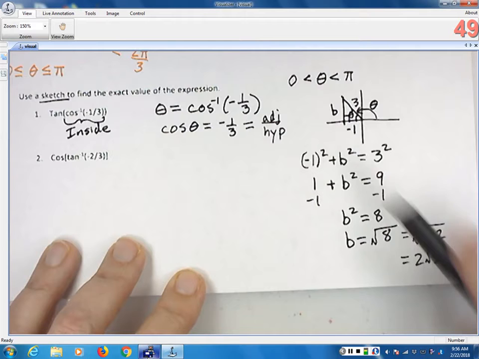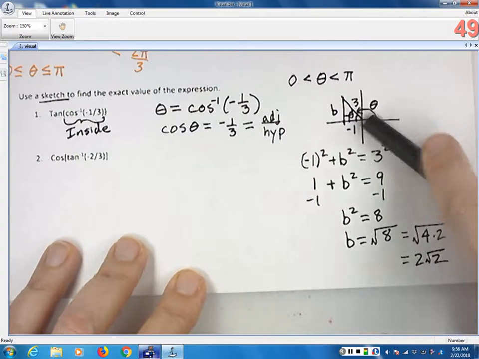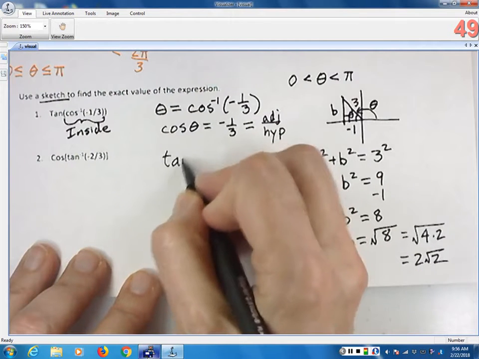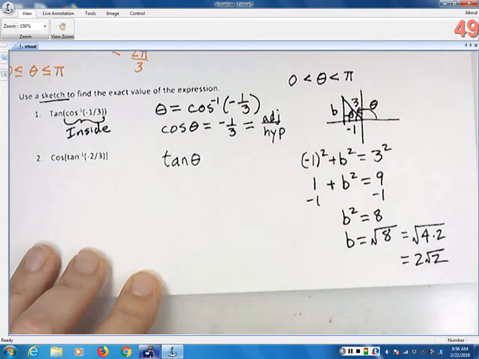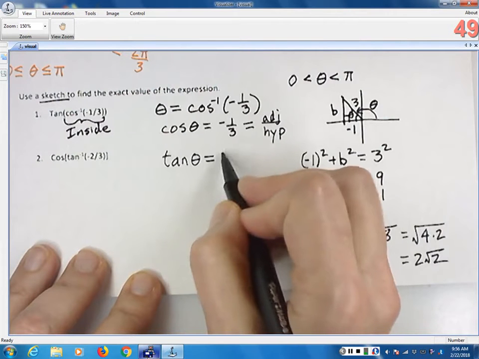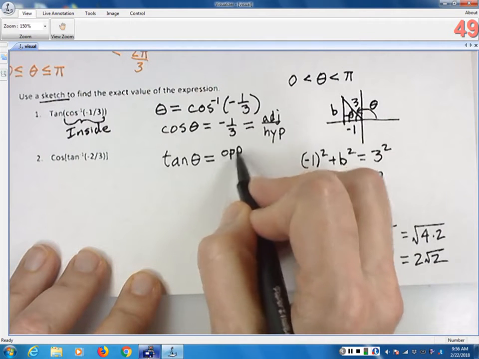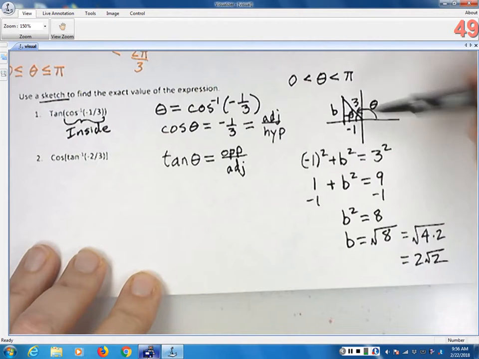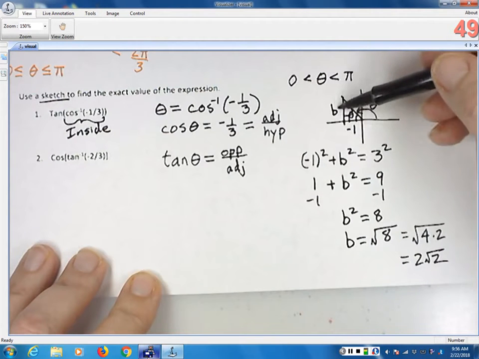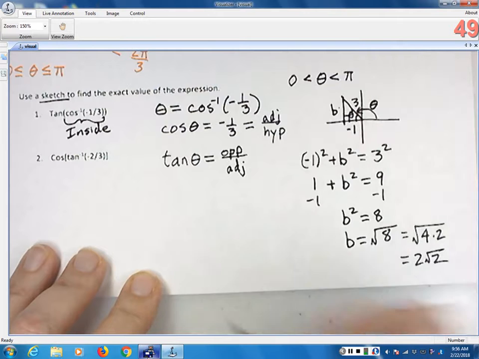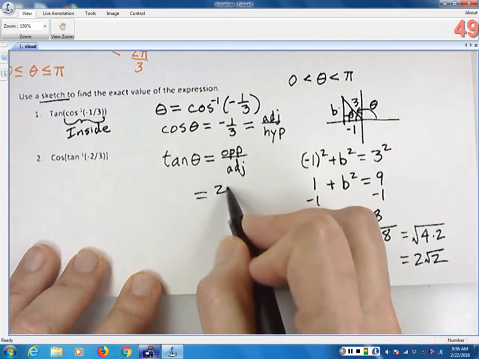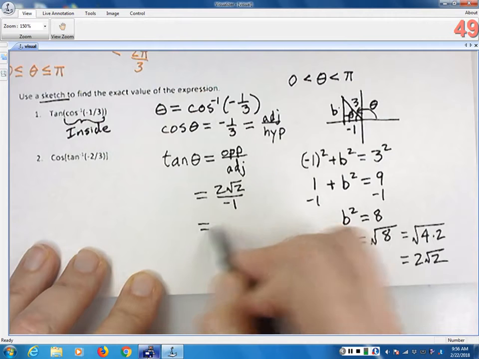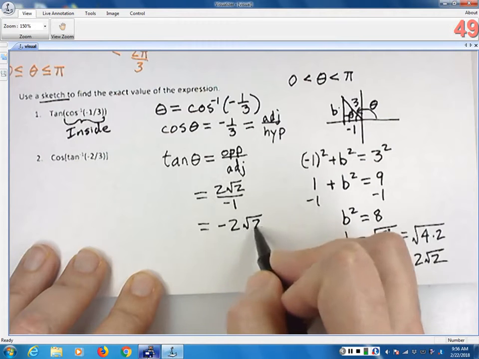All we have to do now is find the tangent of theta using the triangle. Tangent of theta is opposite over adjacent. That's 2 square root of 2 over negative 1. So the answer is minus 2 square root of 2.